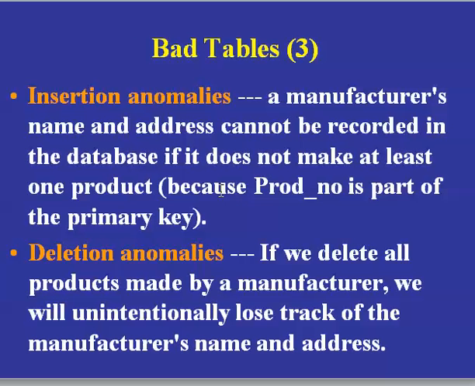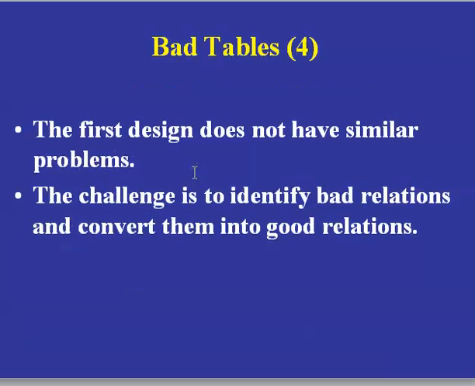Or deletion: if we have only one product for a manufacturer and then we delete that record, we're losing that manufacturer's information too. Like I said, there were two alternatives there, and the first design was the good one.